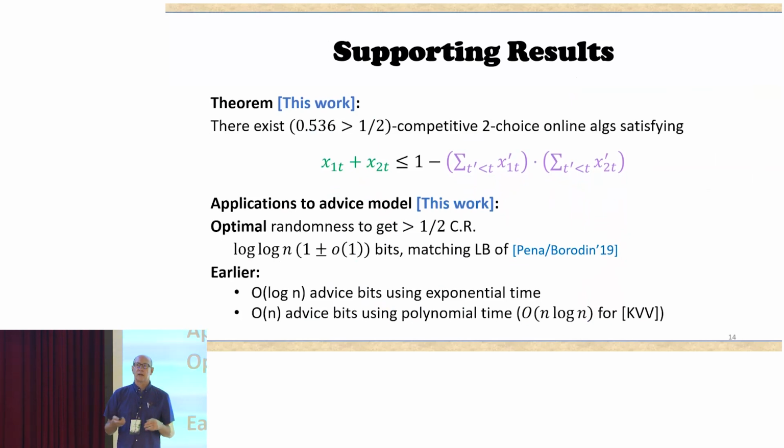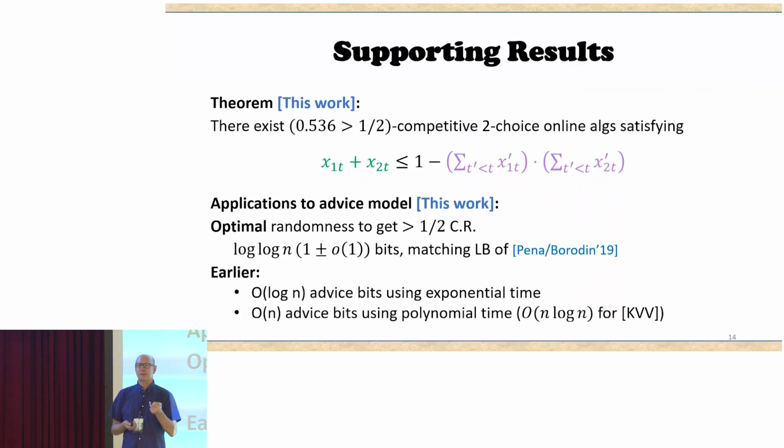And in terms of upper bounds, log n advice bits were known using exponential time, or linear with polynomial time. Now, a randomized algorithm is of course a special case of non-deterministic advice. It turns out that our two-choice algorithm can be implemented with random variables which are constant-wise independent for some constant.